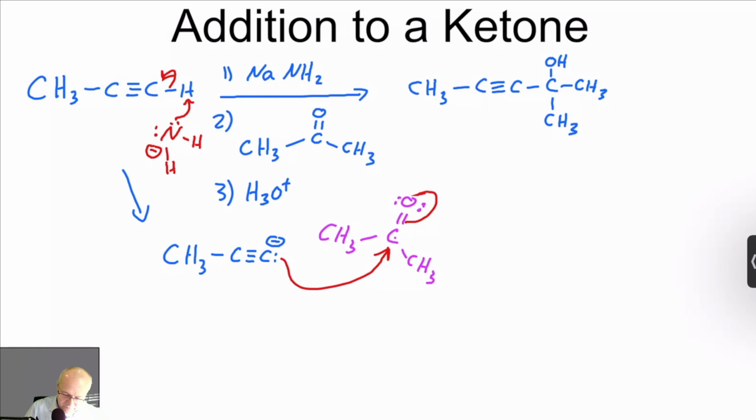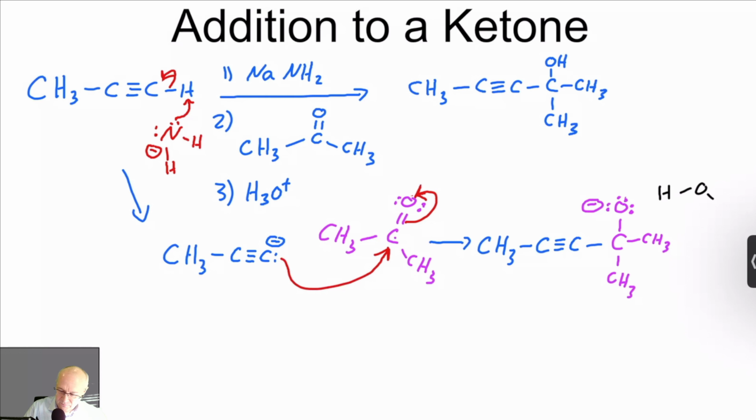Pi bond kicks up. Form the alkoxide ion, which of course hydronium will protonate. And you form the tertiary alcohol. So that's the mechanism of how these additions to carbonyls work. Pretty cool, pretty neat way to make a carbon-carbon bond and form an alcohol.